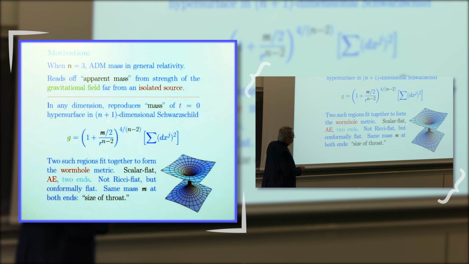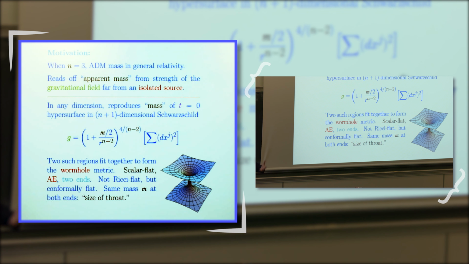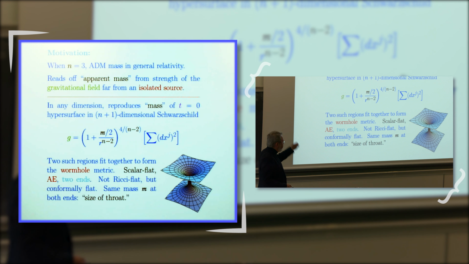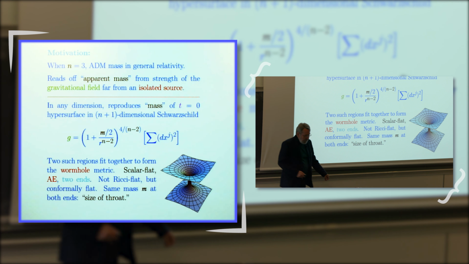The thing we're adding on here is the Green's function for the Laplacian in n dimensions. And there's an amazing story called the Yamabe equation that relates the Laplacian. There's a Laplace-type equation, which if you start at a scalar flat metric and you want to go to another scalar flat metric, it turns out that that's saying you have to multiply by a certain magical power, depending upon the dimension, of a harmonic function.